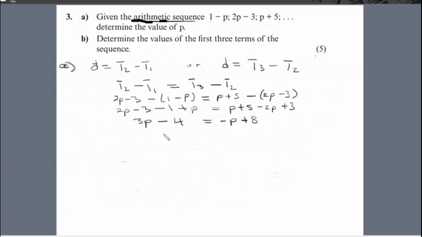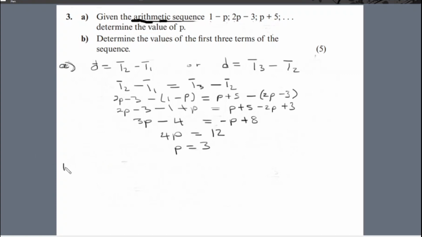Then we take the p and bring it over, and move minus 4 to the other side, we will have 3p plus p, which is 4p. And then 8 plus 4, we will have 12. Therefore p is equal to 3, right?